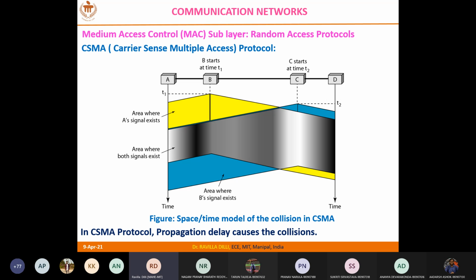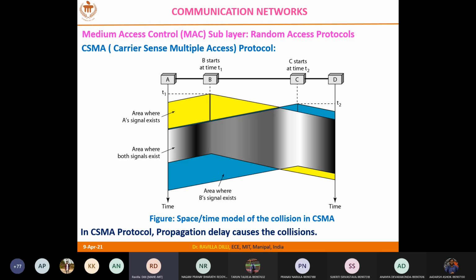At time instant T1, station B has started its frame. When it starts its frame, it takes time to transmit all the frame bits, and each bit travels with a certain propagation delay. That's why you can see the slant lines both towards A as well as towards C and D. That propagation delay takes time.